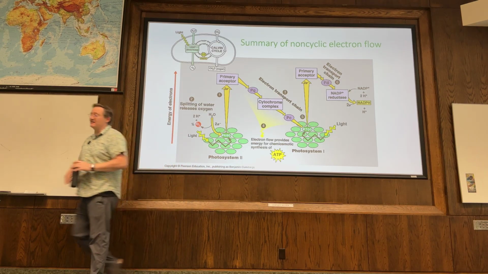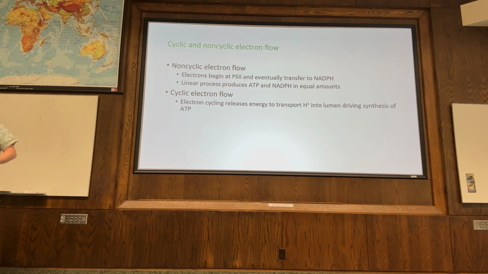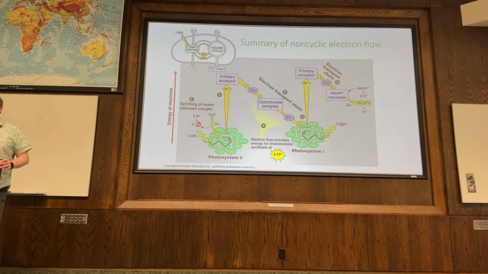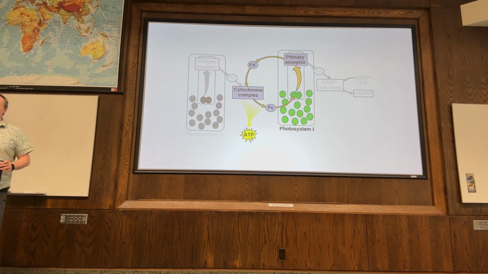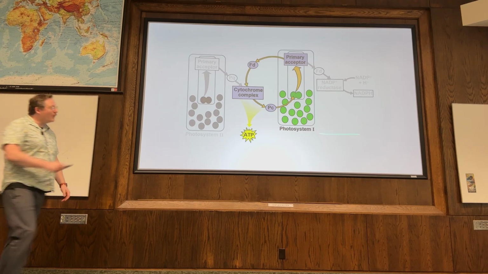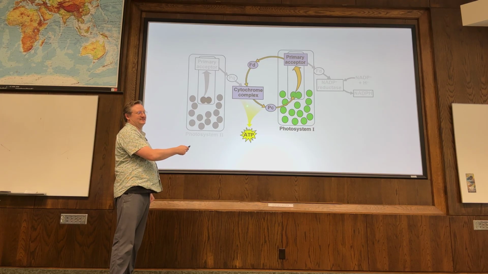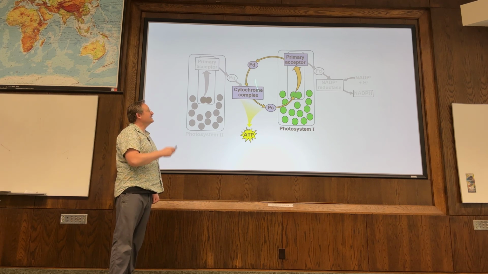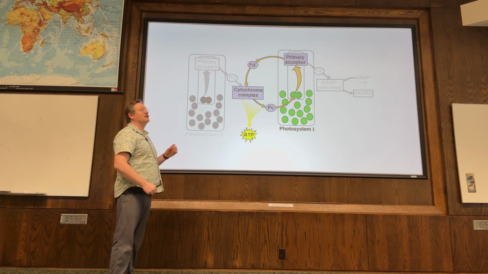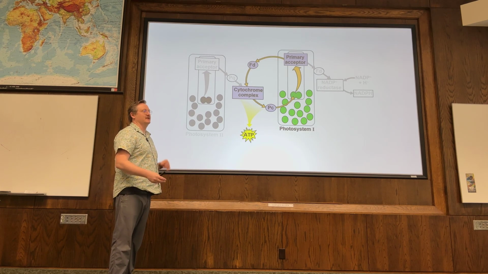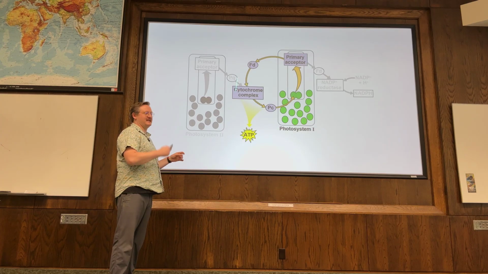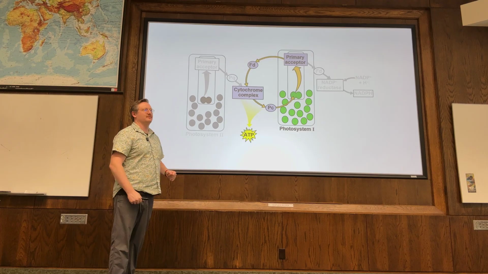But there's also a phenomenon called cyclic electron flow, and in cyclic electron flow, photosystem 1 takes those electrons and feeds them into this electron transport chain to generate ATP. So photosystem 1 is a little bit more of a cycle, while photosystem 2 is very linear. Photosystem 1 is the only thing that can carry out cyclic electron flow. Photosystem 2 always carries out the linear process.